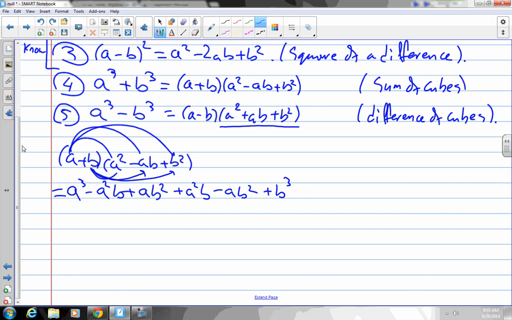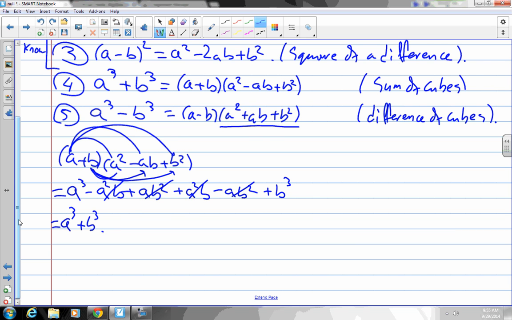If you just do that FOIL. I mean, if you call it FOIL, it's something else, but same concept. So is anything going to cancel? Yeah, a squared b, ab squared, ab squared. And we're left with a cubed plus b cubed. And the same thing works if you FOIL the second formula. So I'm not going to do that. Okay? I'm just going to show you how to use it.